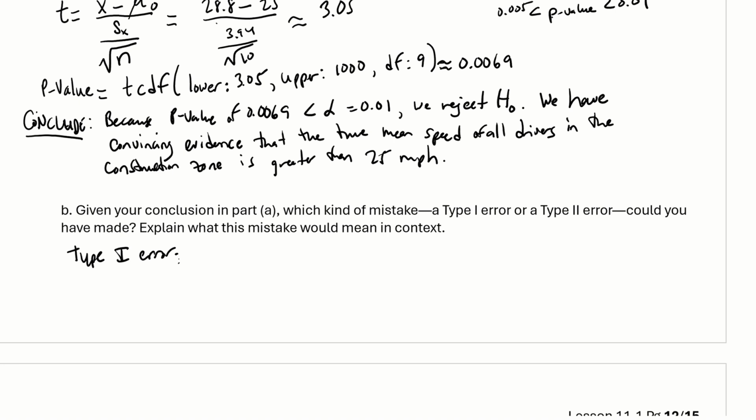Explain what this mistake would mean in context. So we want to explain this, okay?